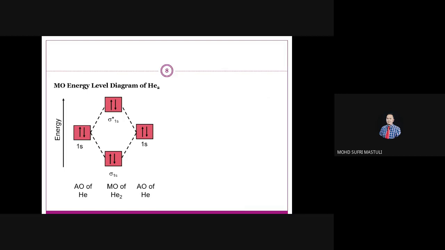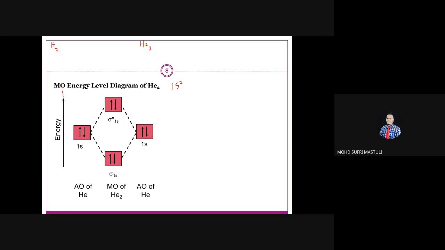So now, moving forward to another example of a molecular energy level diagram, using helium, He2. After hydrogen in the periodic table, next we have helium. Just now we did hydrogen, we understand. Now we do helium 2. For the molecular orbital energy level diagram of He2, we know helium is 1s2.